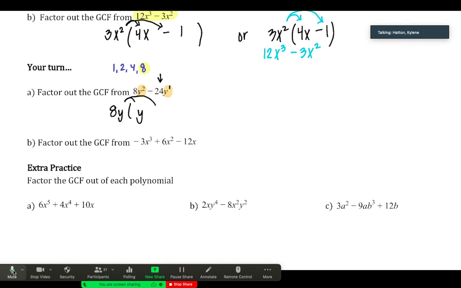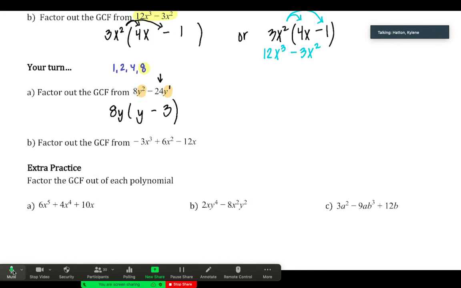Well, I would have to do 8 times negative 3. That would be negative 24. And then since the power of y doesn't change, I don't have to multiply in another y, because I go from 8y to the first power to negative 24y to the first power. So y minus 3 goes inside my parentheses.